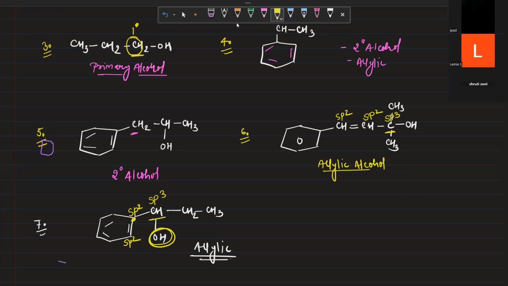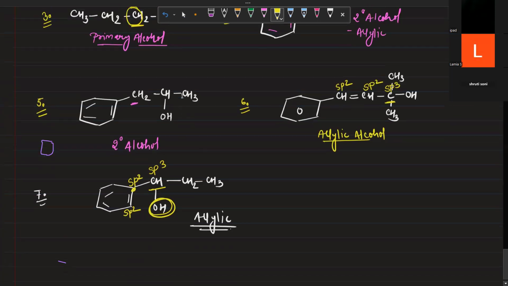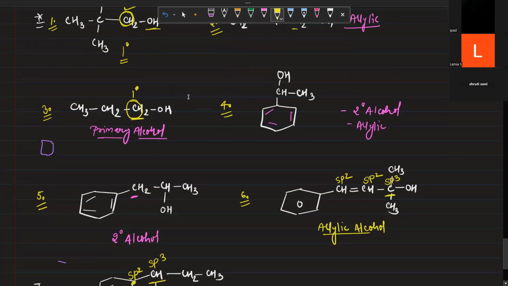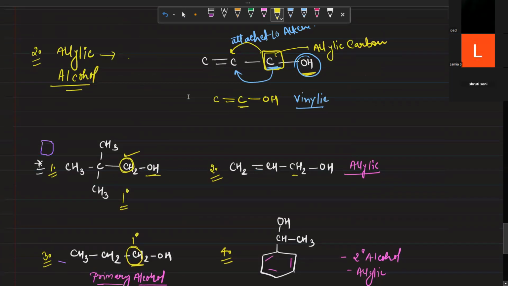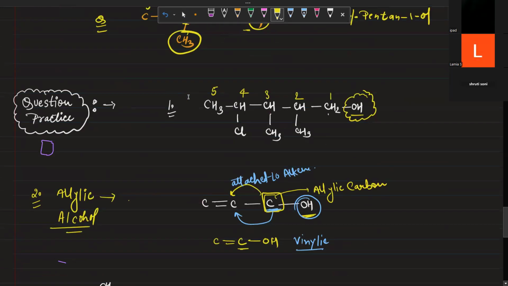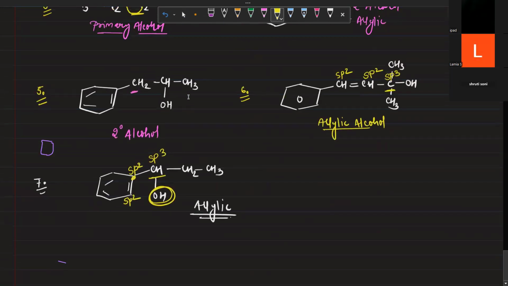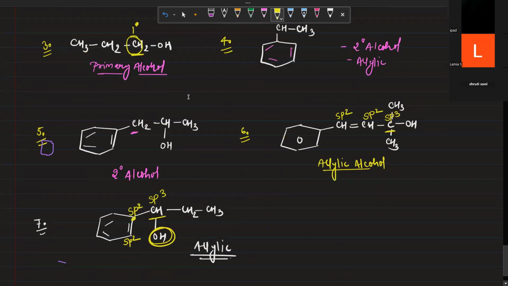So now we start the reaction part of alcohol, like the method of preparation part. In that part there are 4 to 5 reactions. Do you have any doubt up to now? This is like the introductory part, a little bit basic part of alcohol. Do you have any doubt up to now in allylic and vinylic?